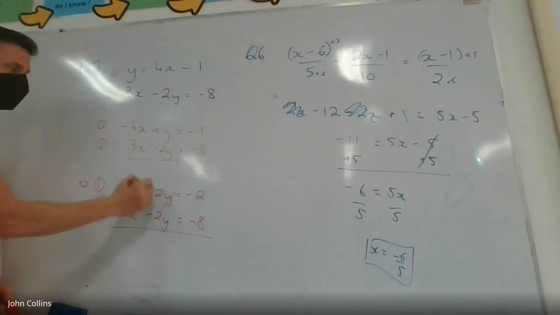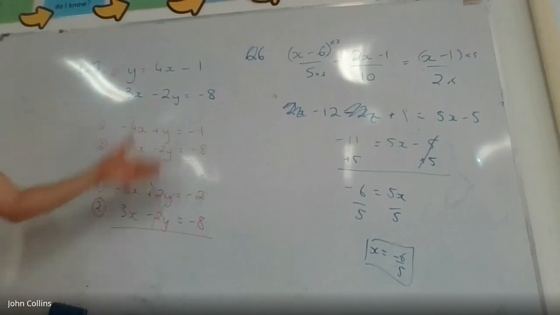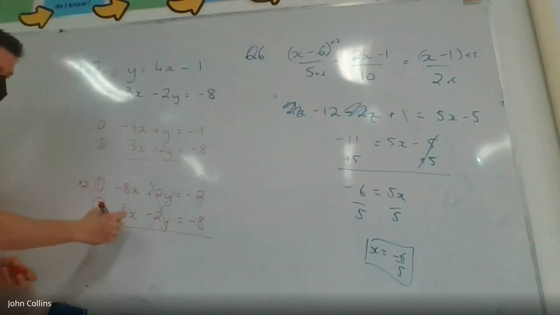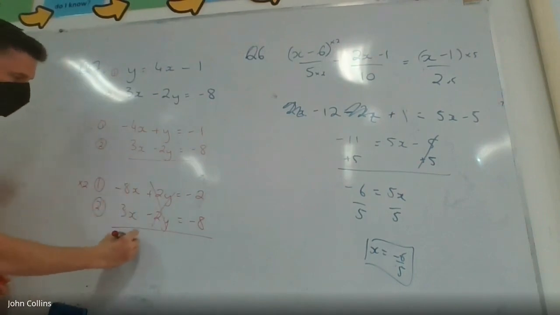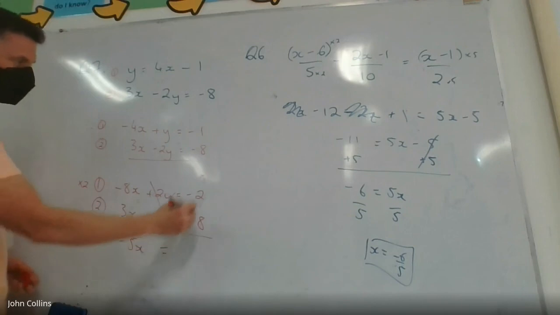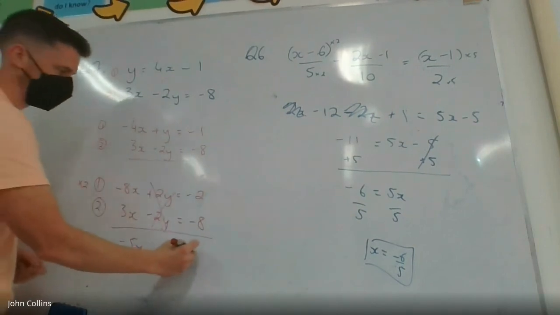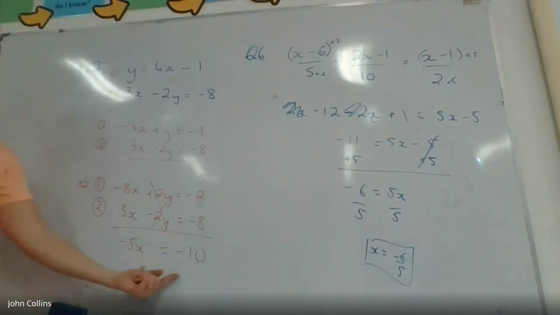This is key. This disappears if I add down. Minus 8x plus 3x, adding, is minus 5x. That's gone. Equals minus 2 plus minus 8. That's minus 10. And this equation is easy to solve. What's x? 2.